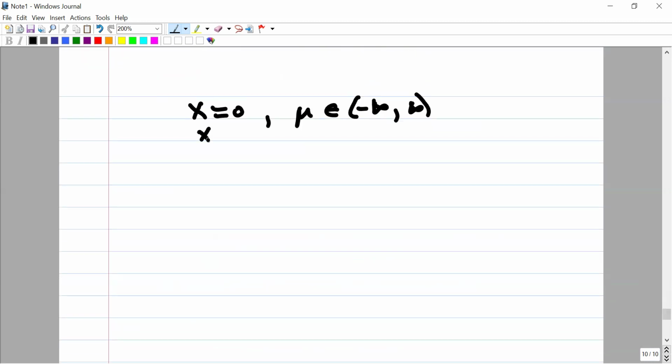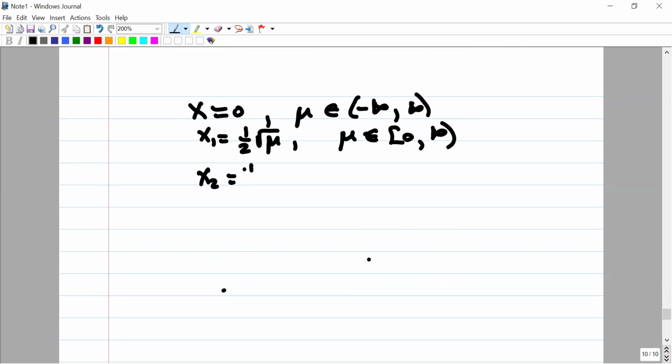And then x1 is equal to half root mu when mu is greater than or equal to 0, or if you want, is an element of 0 to infinity. And then x2 is equal to minus half root mu.